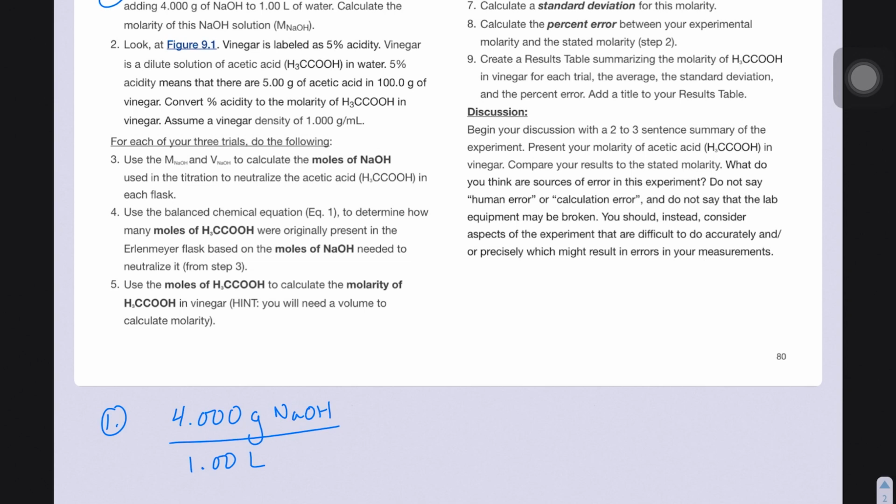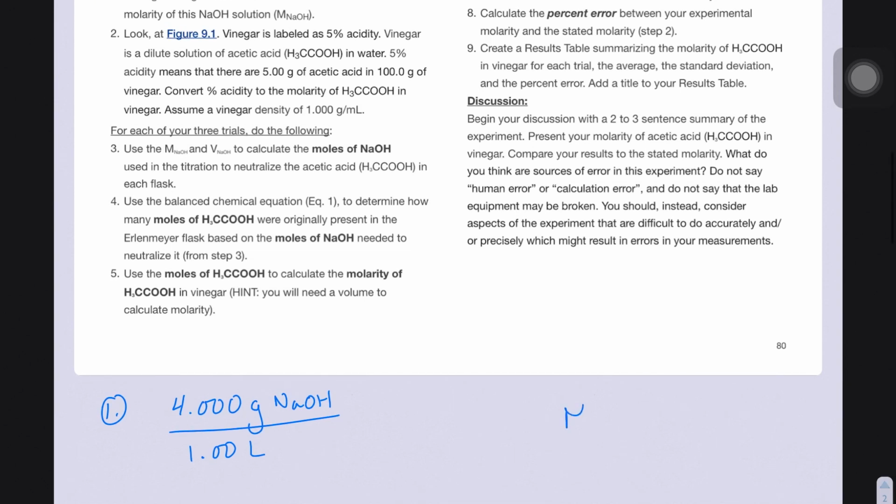And it's asking you to get a molarity. So remember, molarity is moles per liter. So we're almost there. We're in grams per liter. We just need to convert to moles per liter. So you need to convert grams to moles. So you convert sodium hydroxide grams to moles and then divide by 1.00 liters in order to get a concentration.